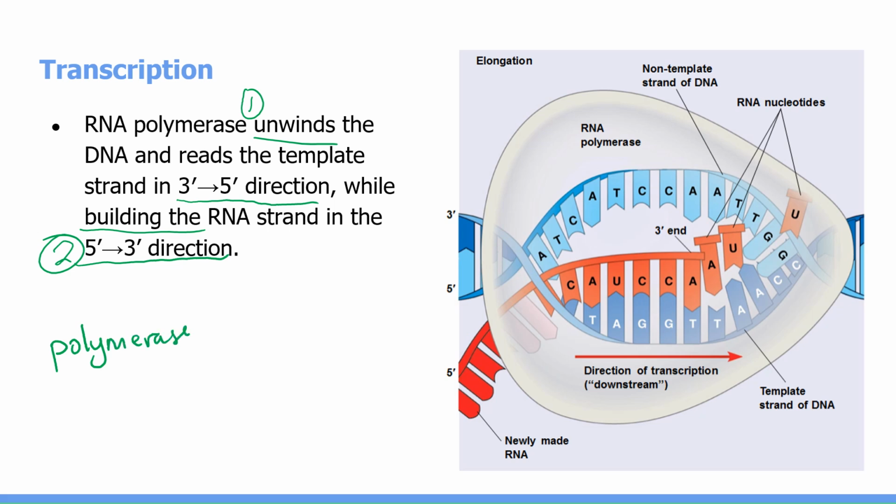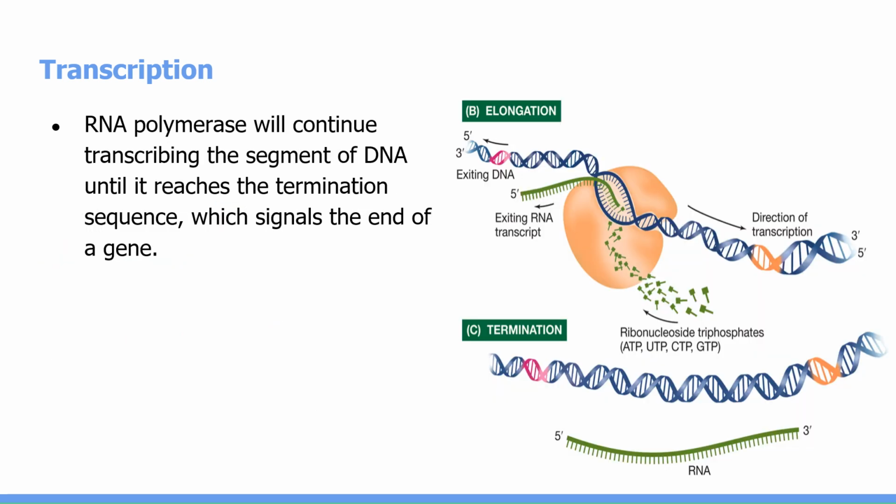The polymerase reads from 3' to 5', and then builds in 5' to 3'. So good general rule. And this process continues until we see the termination sequence. That signals the RNA polymerase to detach and that the gene for that specific protein is complete.